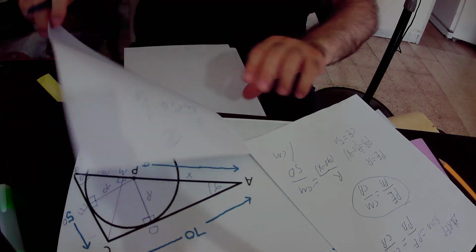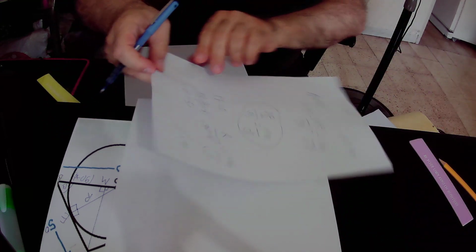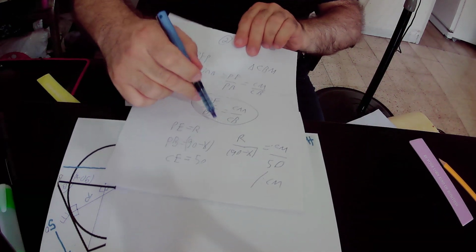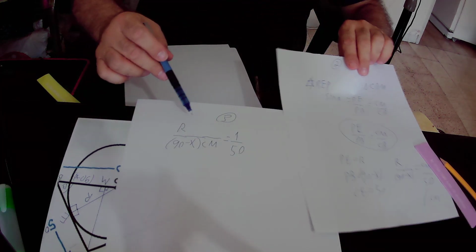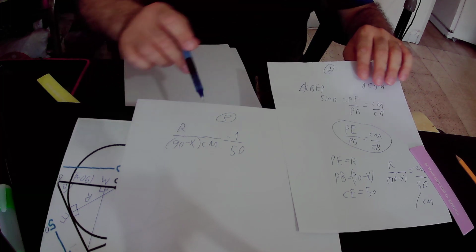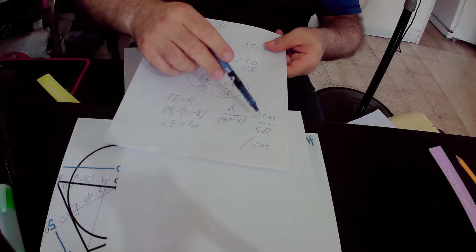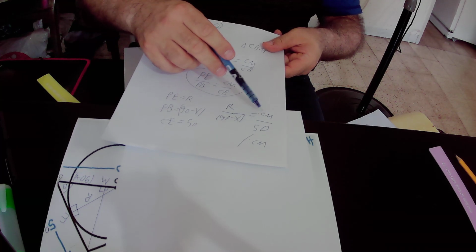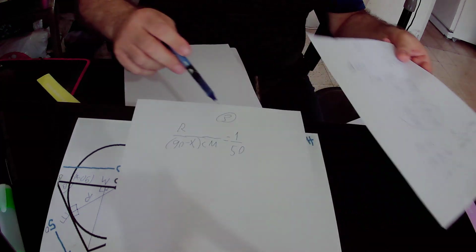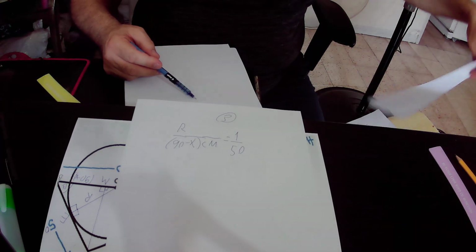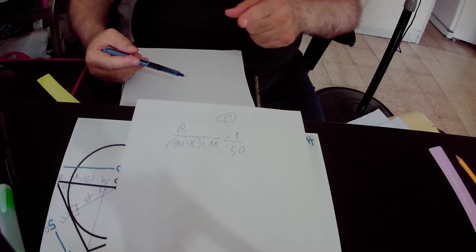Okay, here we divided both sides of the equation by CM. We got that R over 90 minus x over CM equals 1 over 50 because CM over CM is 1. Here we can multiply both sides of the equation by 90 minus x.